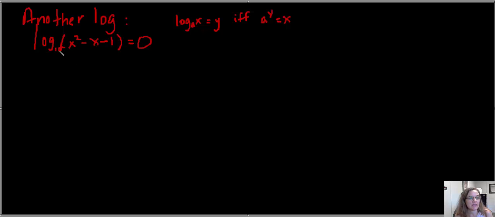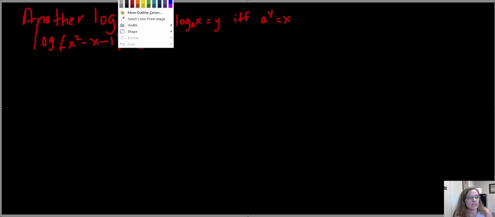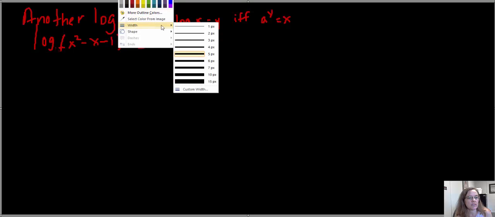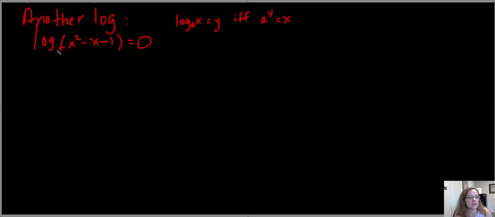So if we write a 10, and let me change the pen width a little bit because my pen is a little fat on the ink. So here I'll have a 10 down here.